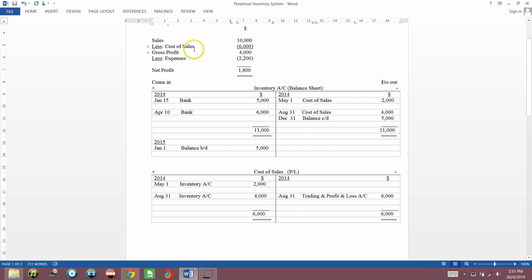Cost of sales is something like an expense, so it's of debit nature. So this goes out and becomes your cost of sales, 2,000. Similarly, on 31st August 2014, inventory costing 4,000 was sold and became your cost. So the total cost of sales for this year is 6,000.